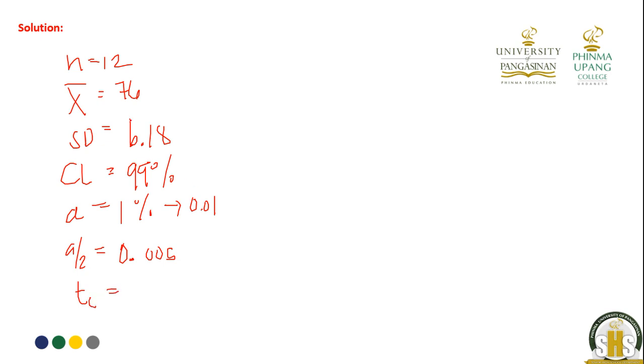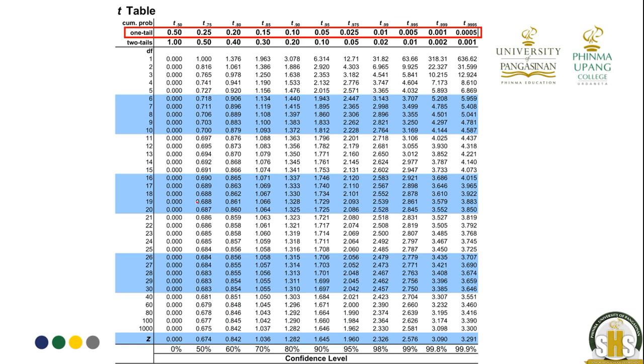So, kunin natin yung DF. DF is, sabi nyo is 11. Punta kayo sa 11, tapos, di ba, 99% yun. So, 99% and 11.